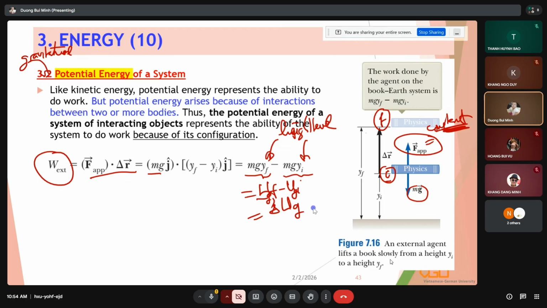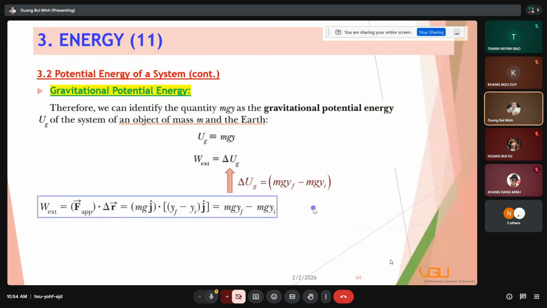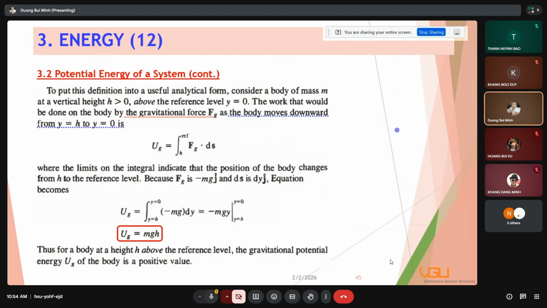So the external work is delta UG, that means UGf minus UGi.